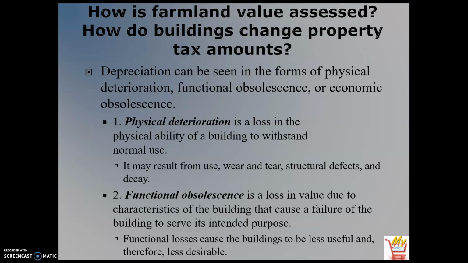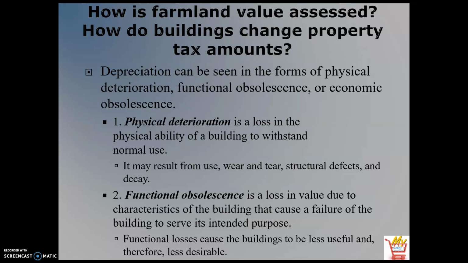Old barns that sit behind houses that at one point in time were probably used quite heavily, but over the course of time, those barns have just been let go, and time has taken its toll on them, and they are to a point where structurally they're not sound enough to really do much. That's an example of physical deterioration. They've just gotten to the point where they're worn out. Okay, and that's one form of deterioration.